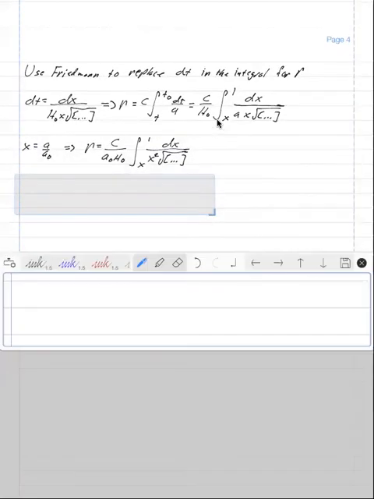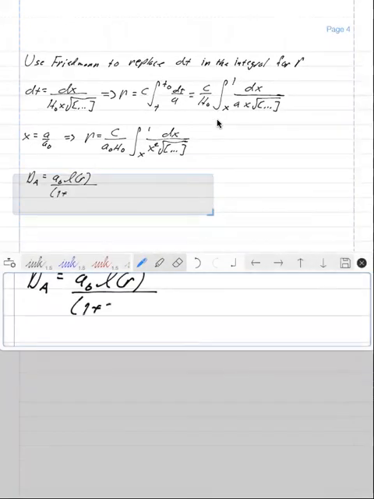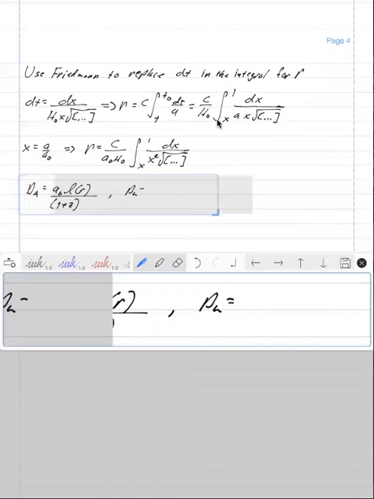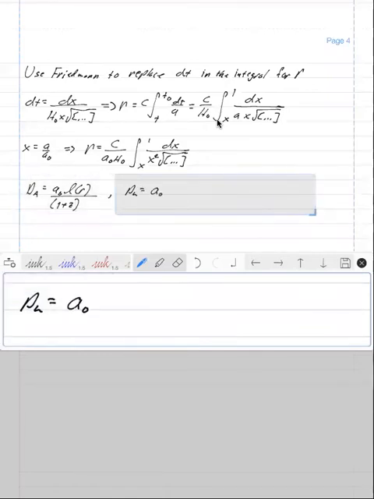Once you do that, to find the angular diameter distance, it would be a naught times L of r divided by 1 plus z. Or to find the luminosity distance, it's a naught times L of r times 1 plus z.